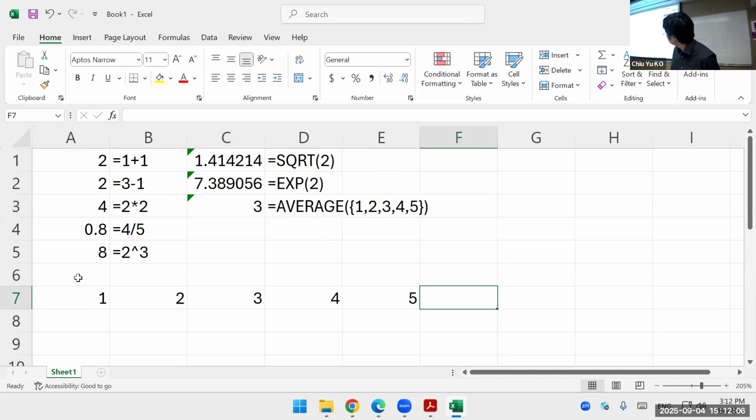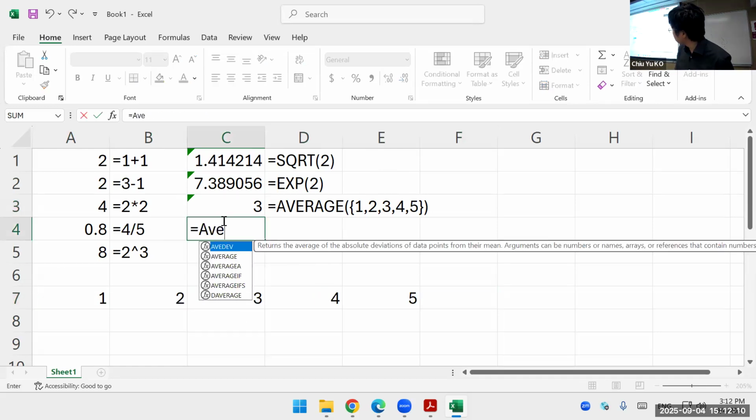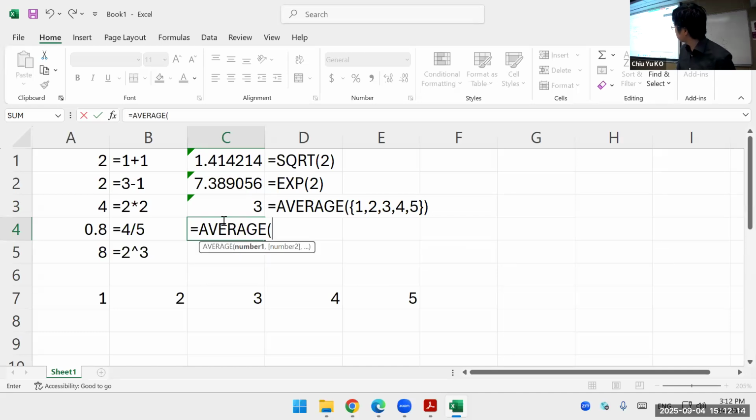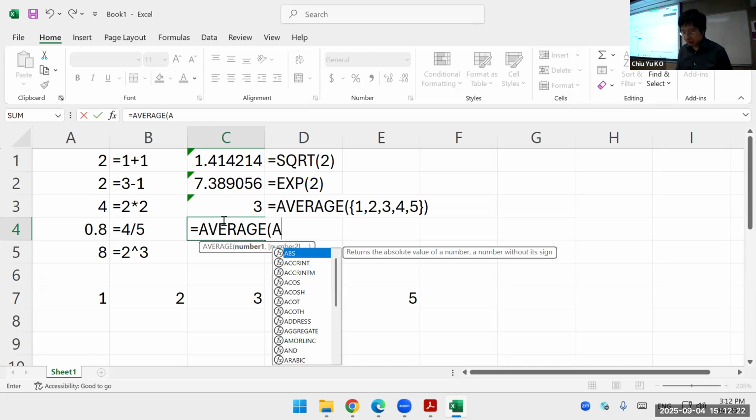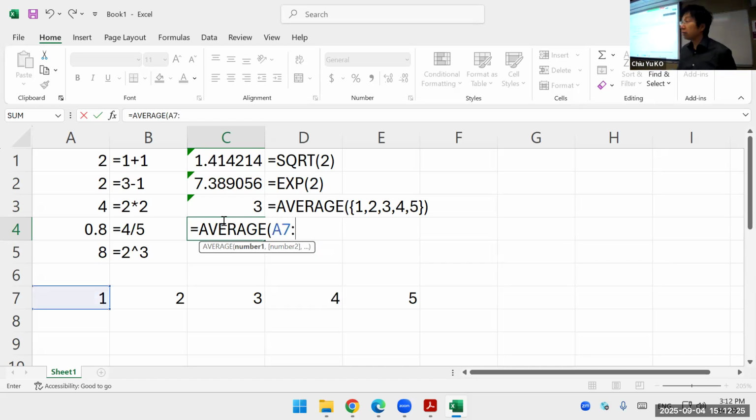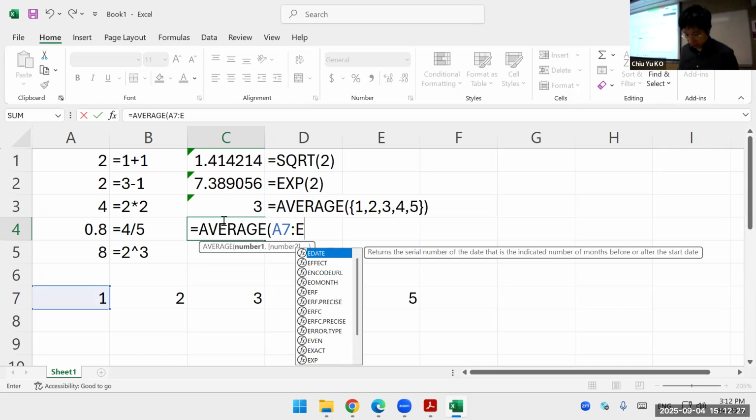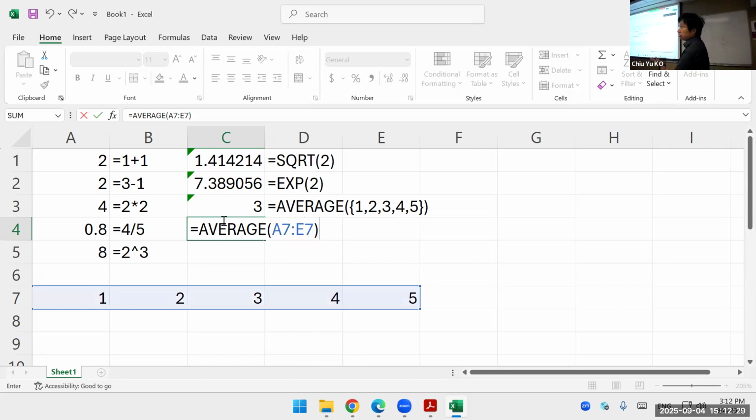So what we're going to do is the following. We have average, and we tell it the data is from A7 to E7, so it's A7 colon E7. Once we do that, you can see Excel very nicely brackets out the data.